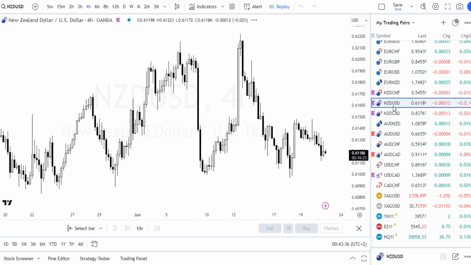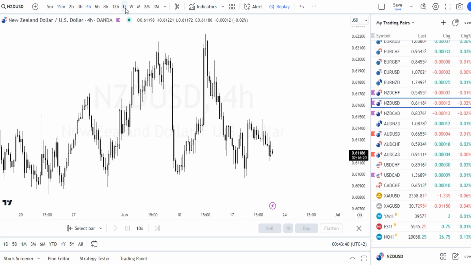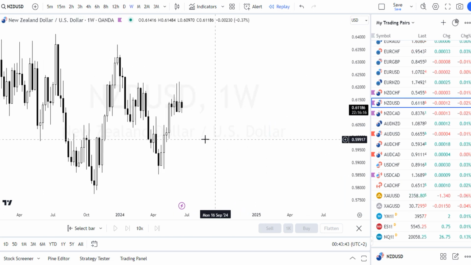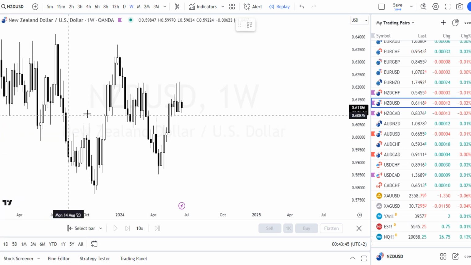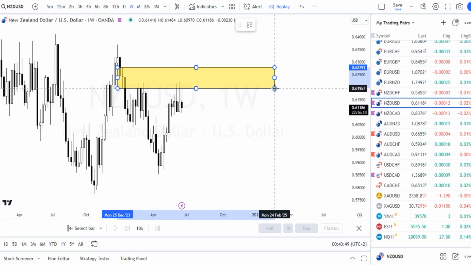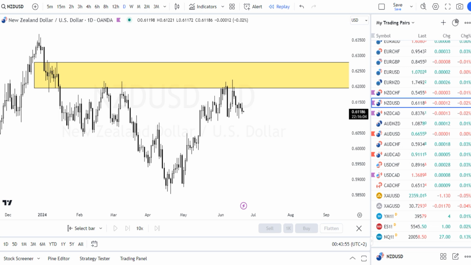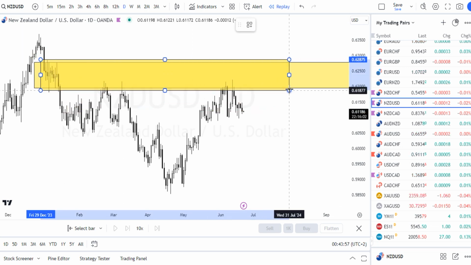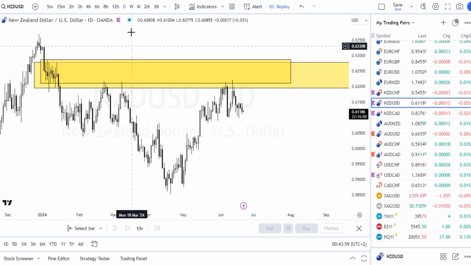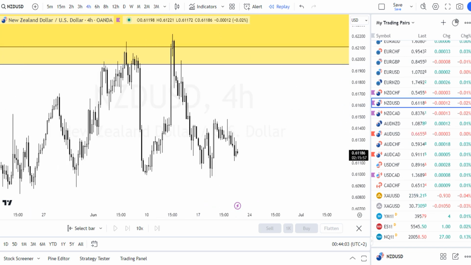The same thing happened here in the New Zealand dollar. What happened here? We had this supply zone right here, and we also had this daily supply, weekly supply, and the daily supply is in control, and you could sell it here.